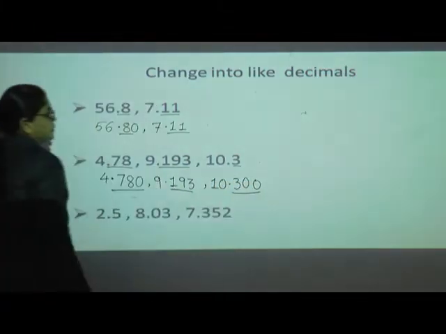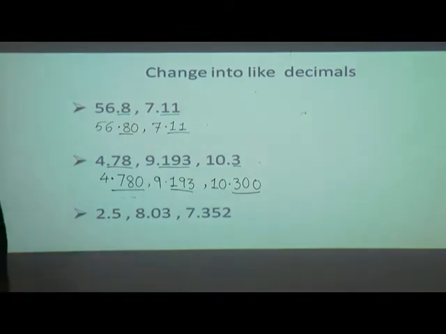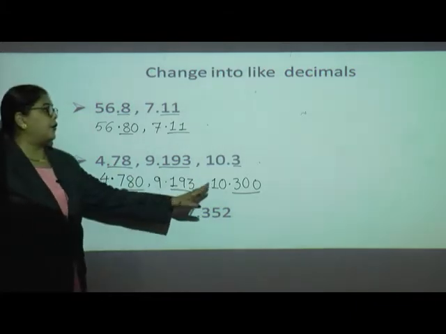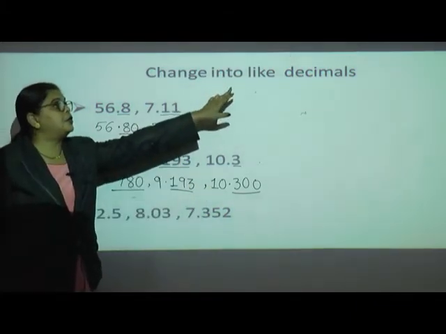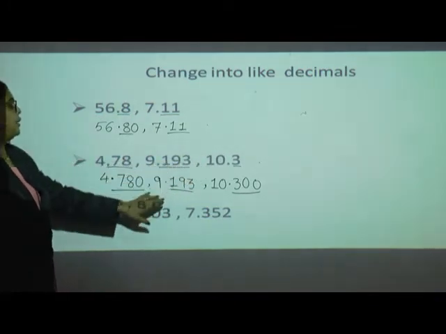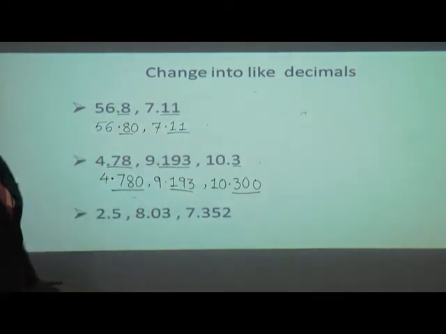We also made it 3 digits after the decimal. So in this way we had tried to change them into like decimals. Unlike decimals we had made into like decimals. So in this way we had done.